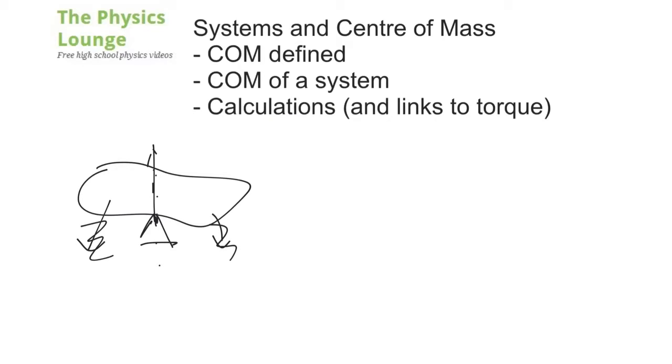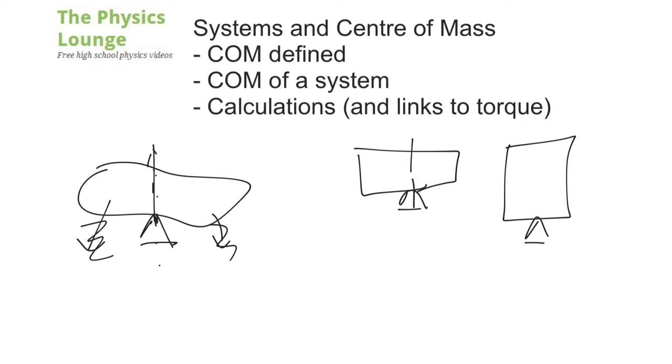Interestingly, to find the centre of mass of an oddly shaped object, you balance it through two different planes. Say you take an object like this, you balance it once and you get a line here, and then you tip it on its end. Here's the same object balanced in a different way.